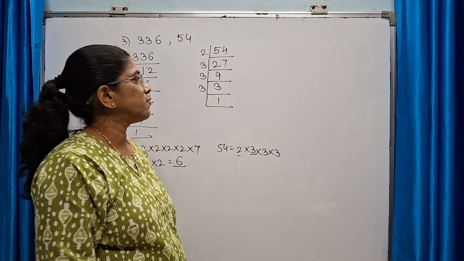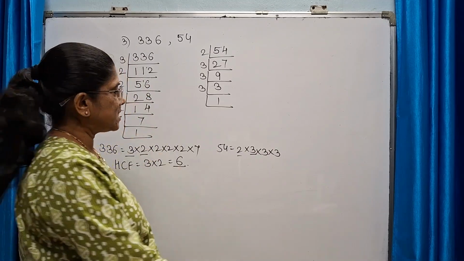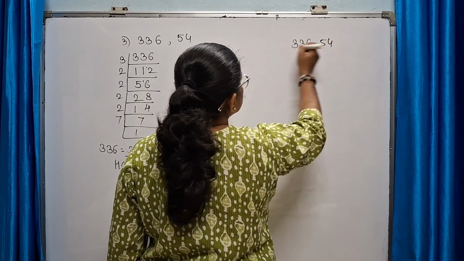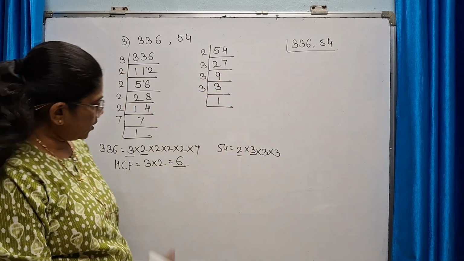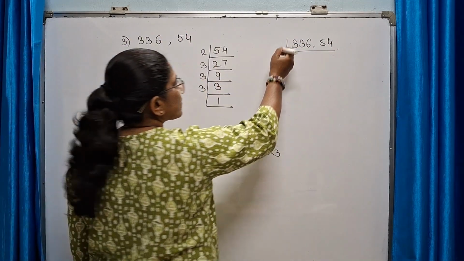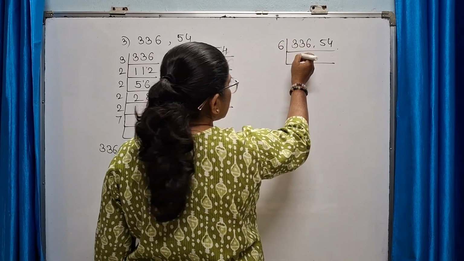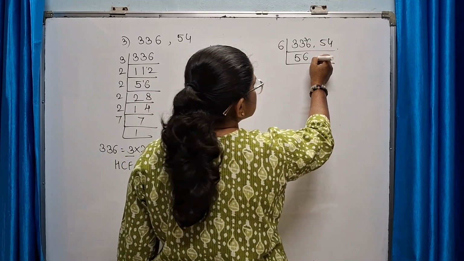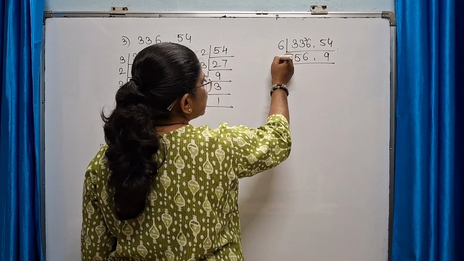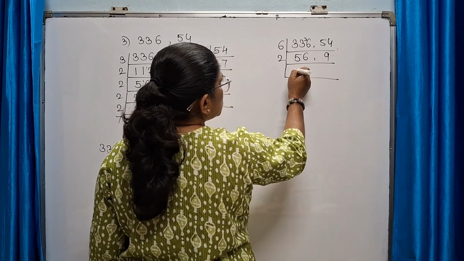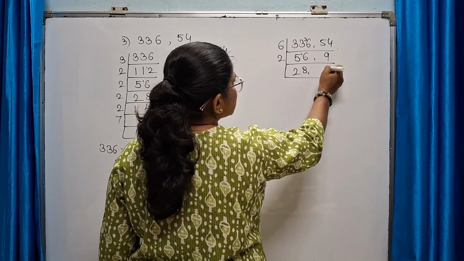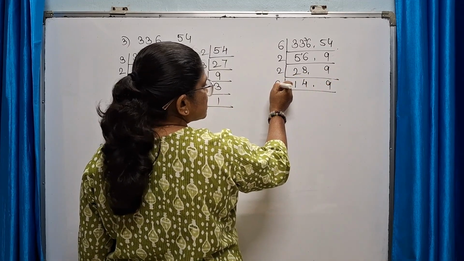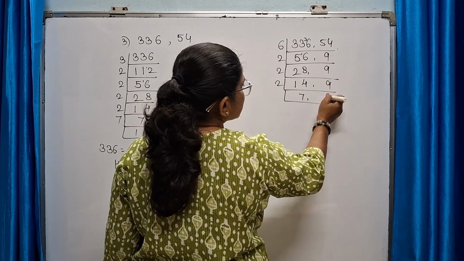6 is our HCF. Now what we have to do? We have to find LCM. Let's take 336 and 54 together. As I said, you can straight away start with your HCF. Take 6. 6 5s are 30, 6 6s are 36, 6 9s are 54. Let's take 2 here. 2 2s are 4, 2 8s are 16, 9 as it is. 2 1s are 2, 2 4s are 8, again 9 as it is. 2 7s are 14, 9s are 9.